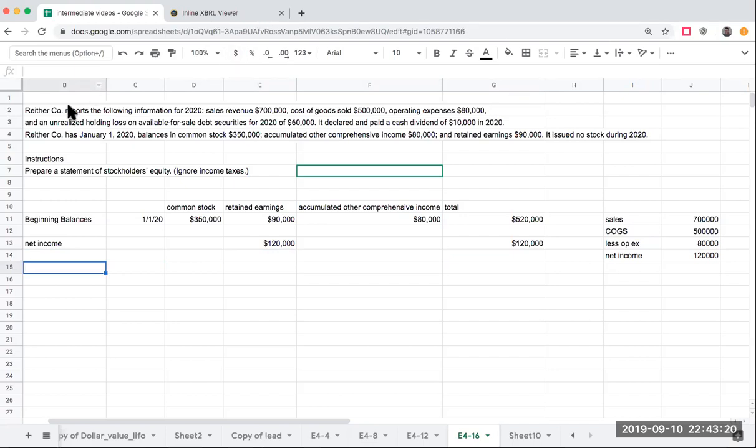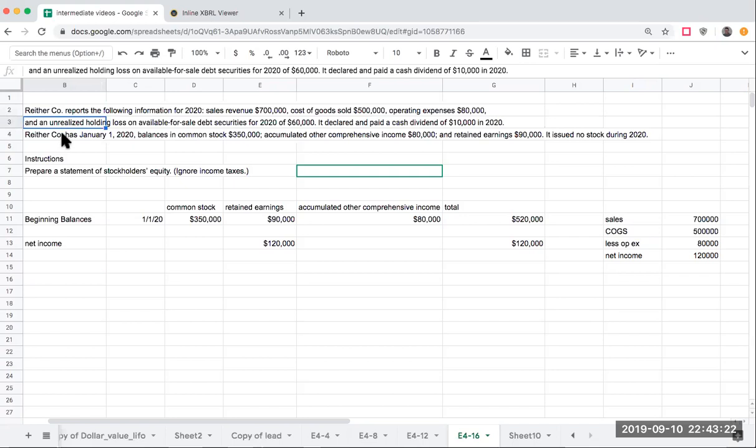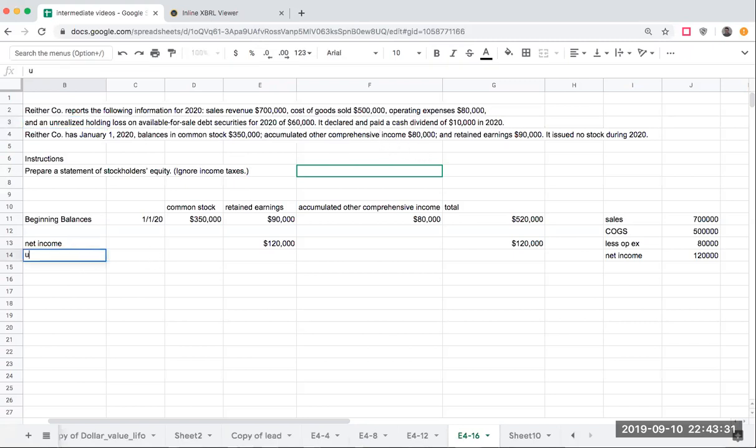Next, I had an unrealized holding loss on available for sale securities of $60,000. I'm going to put this into accumulated other comprehensive income or loss, so it shows up as a negative $60,000.